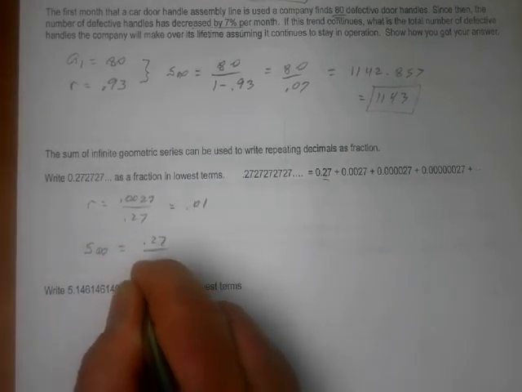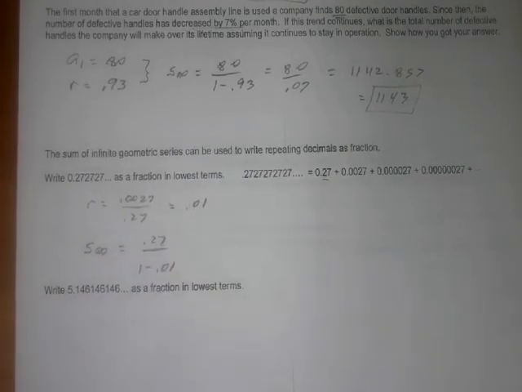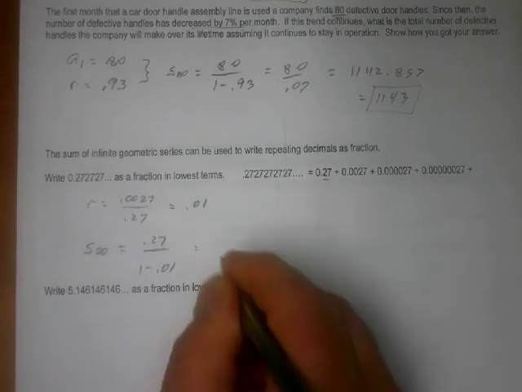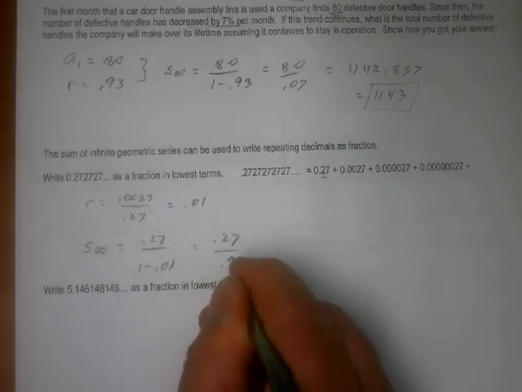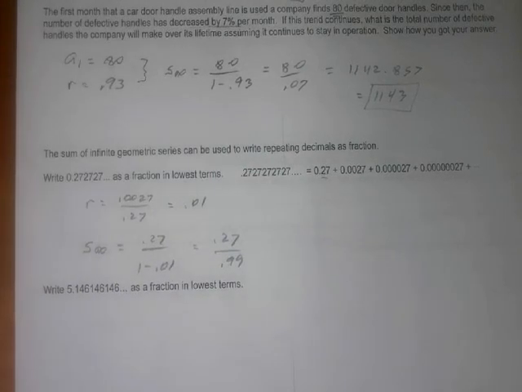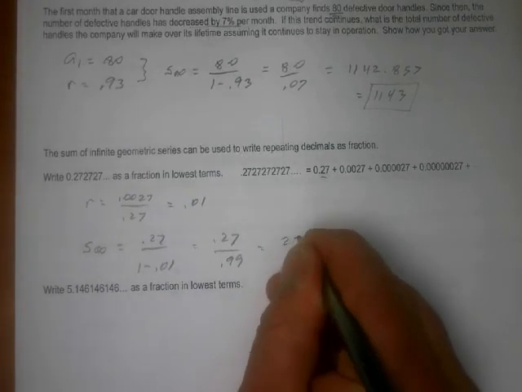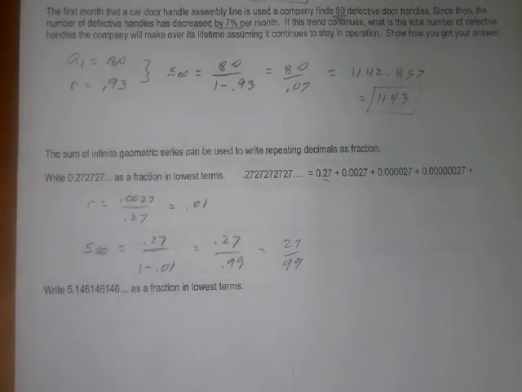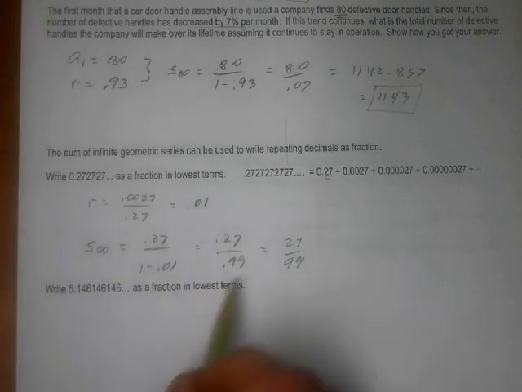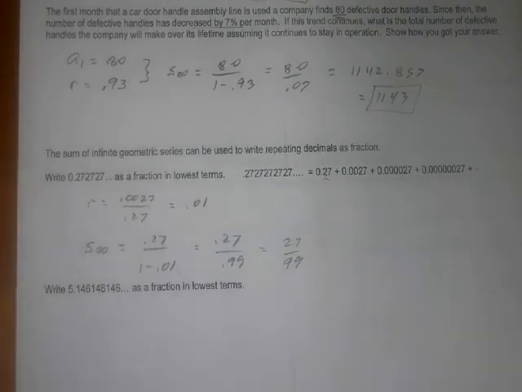So S sub infinity is going to equal the first term, 0.27, divided by 1 minus 0.01. So you have 0.27 divided by 0.99. Now this is the same thing as 27 over 99.